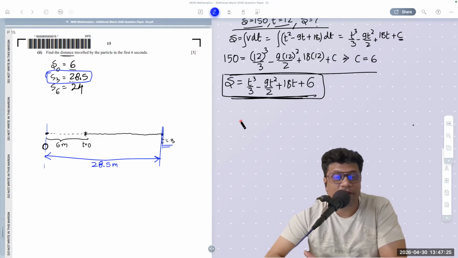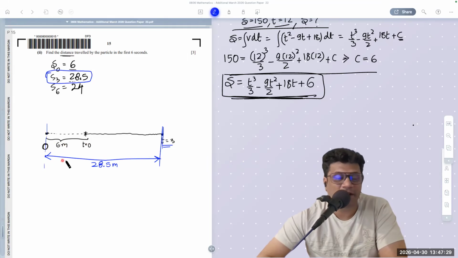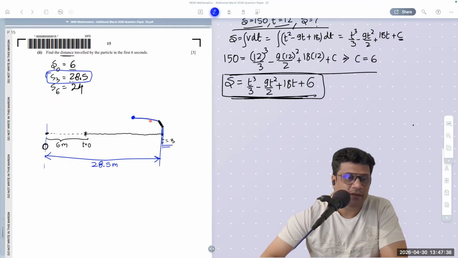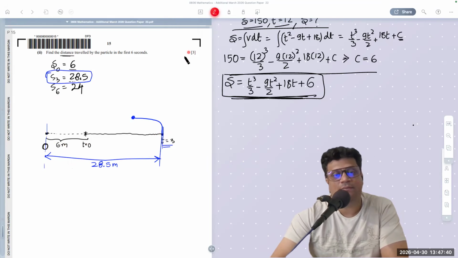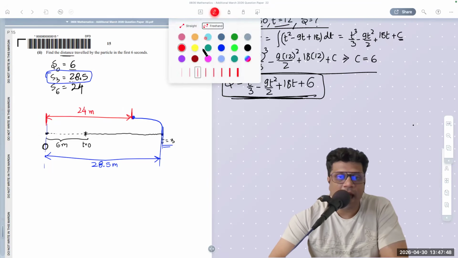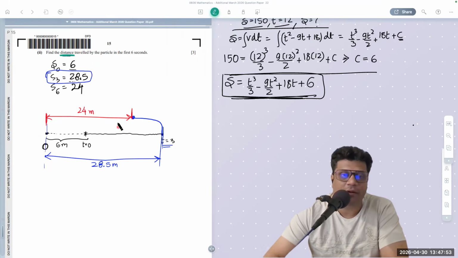Displacement measured from a fixed point. It's 28.5. That's what it is when time is 3. And when you turn back, you go somewhere here maybe. And now the displacement is again from the same point. It's 24 meters. How many meters have you actually traveled in distance when they want to find out the distance?